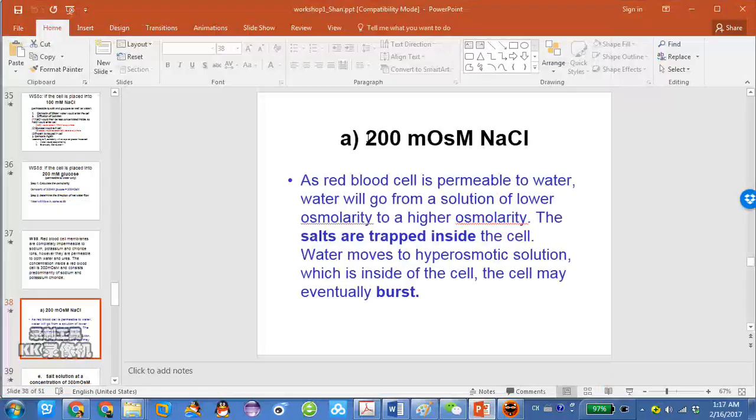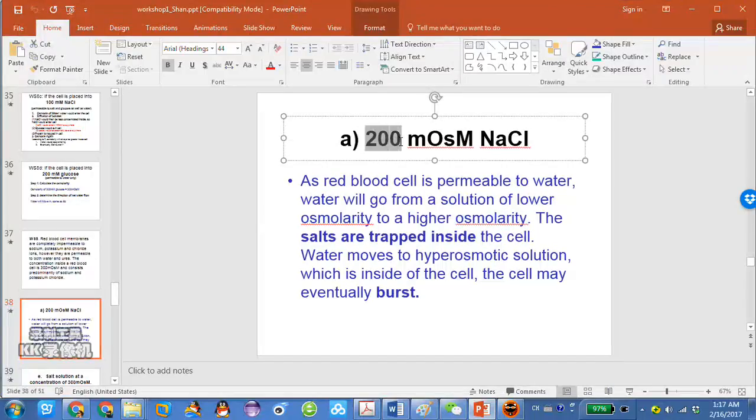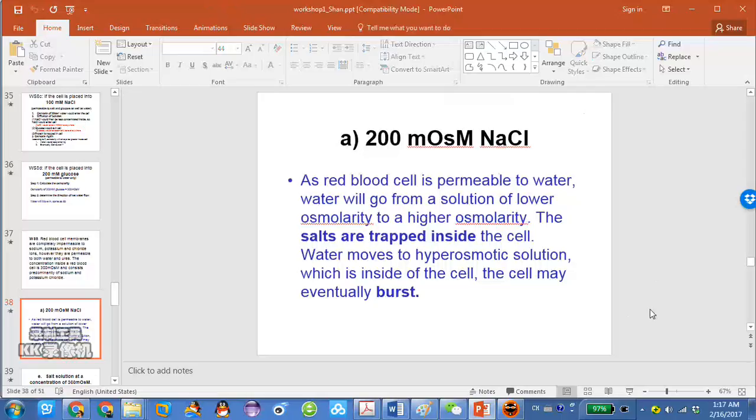In this scenario, 200 is smaller than 300, the inside of the cell. So the outside is hypoosmotic to the inside, and water will flow into the cell. The cell will swell and may eventually burst.